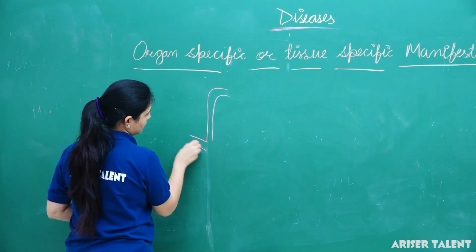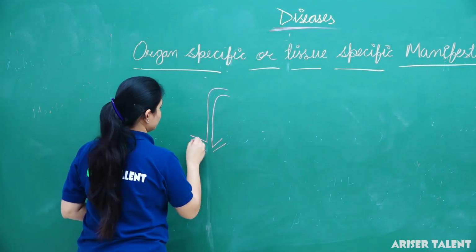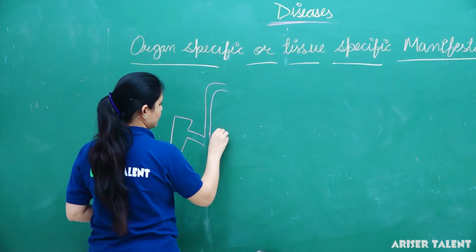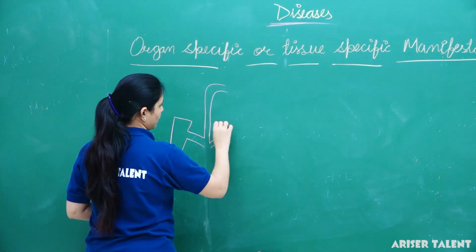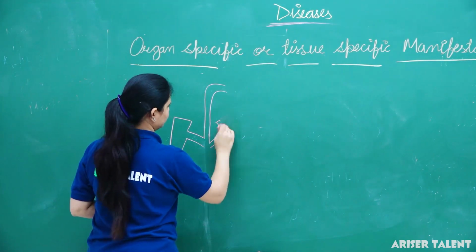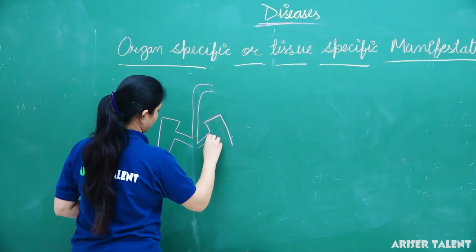If we talk about the respiratory system, it has different organs like nose, windpipe and lungs.